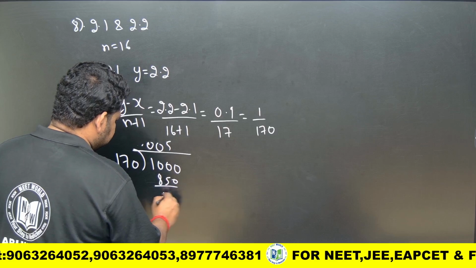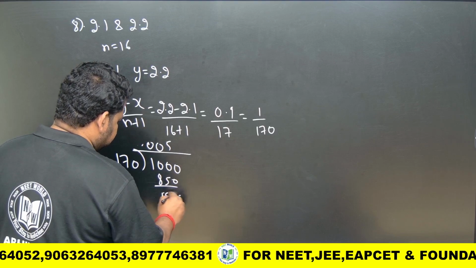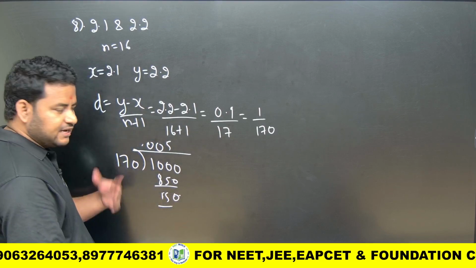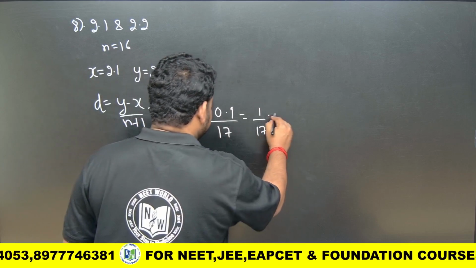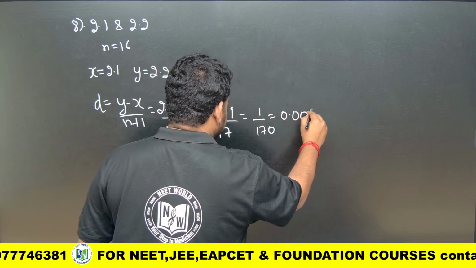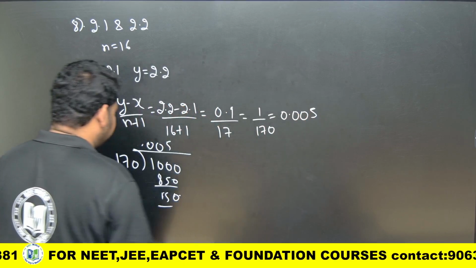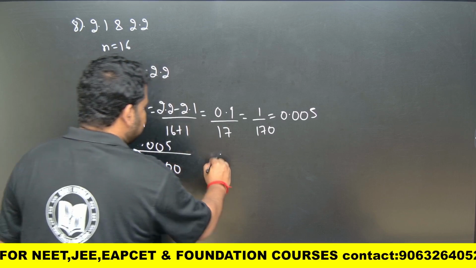I will get something like the value 150. Further I could put 0 and solve it, but let me keep it as it is. This will be approximately 0.005. I got the value of d.